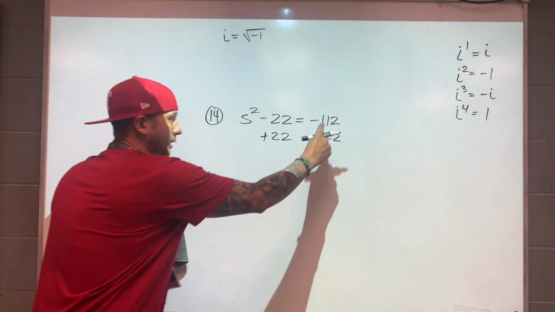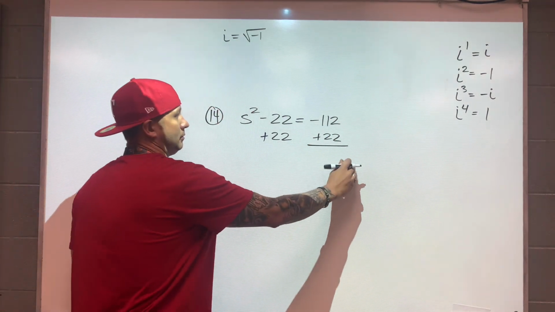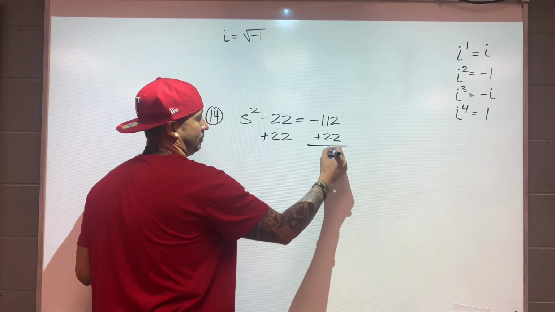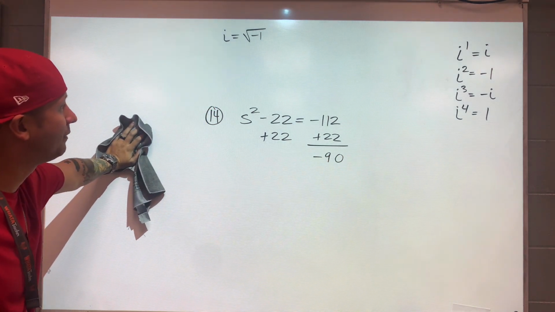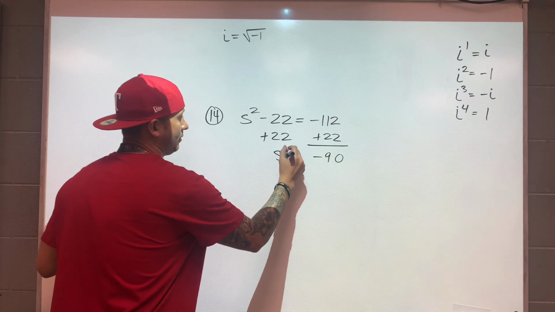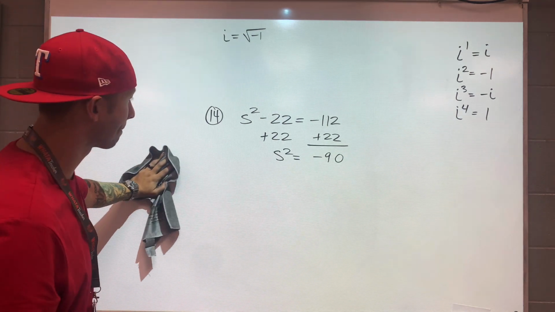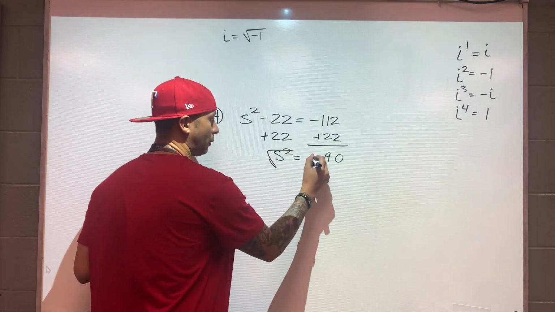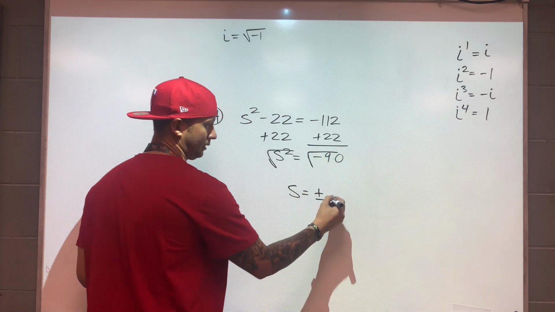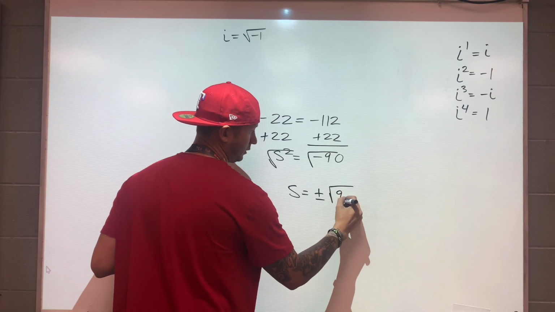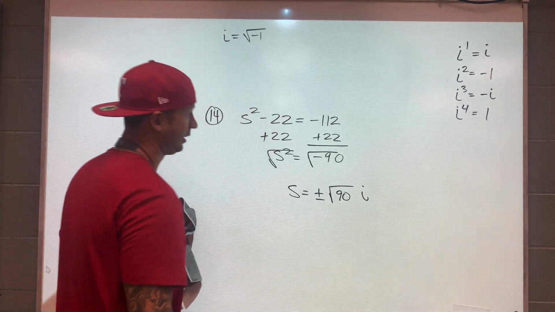All right, so this number is going to get smaller. So negative 90. s squared is equal to that. Take the square root because I want to undo the square. So s is equal to plus or minus square root of 90. I'm going to pull out the i. I pull it out every time.